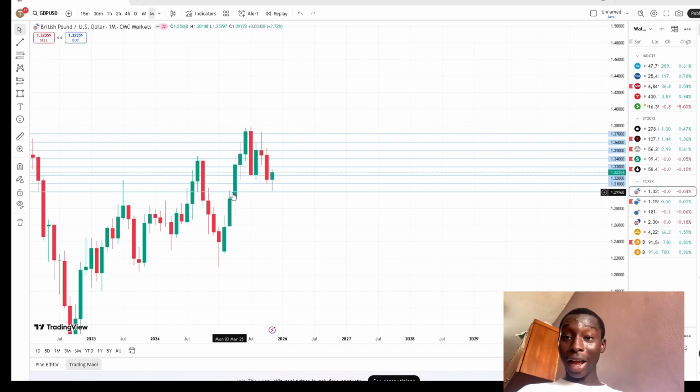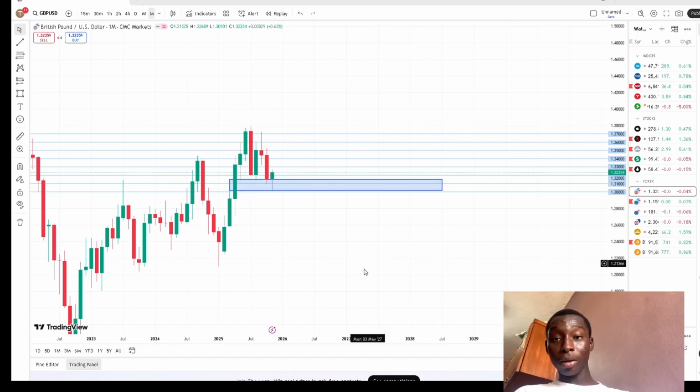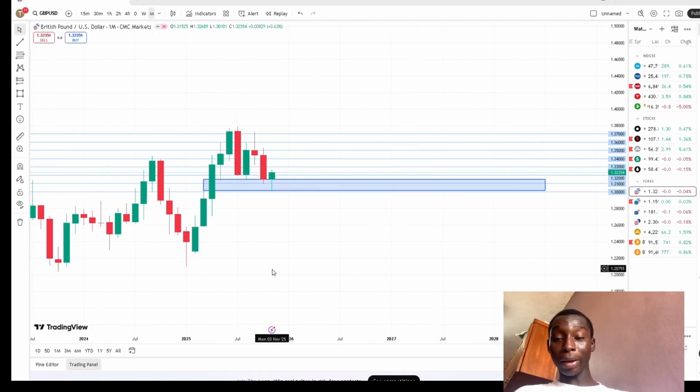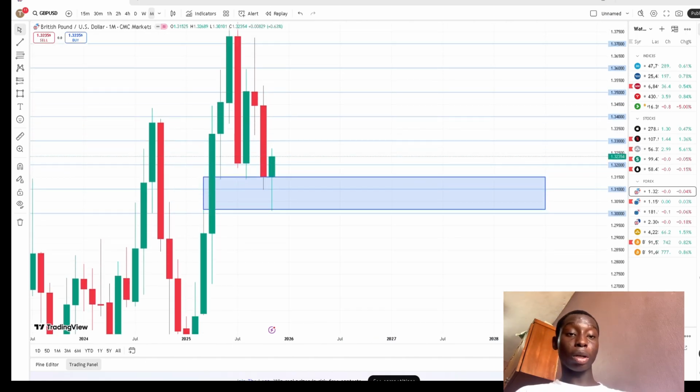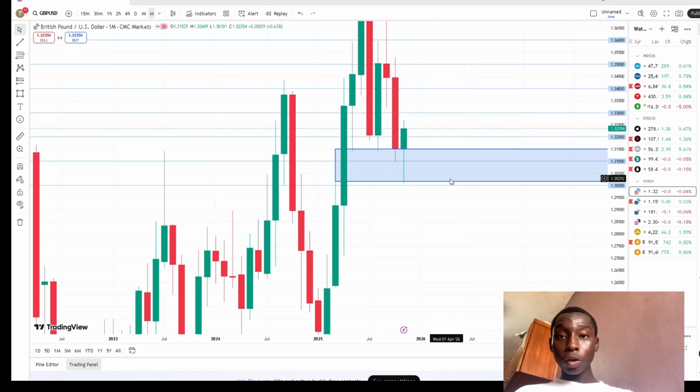I've seen this thing. The fair value gap has been filled here. We can all see that price tried to come down to fill this fair value gap. Let me zoom into it. Then you guys see, price came down to fill this gap here.